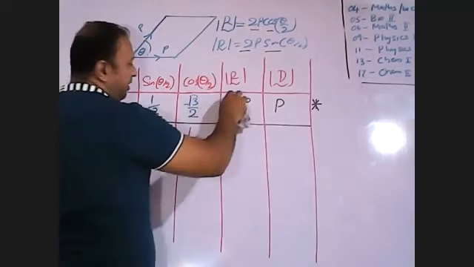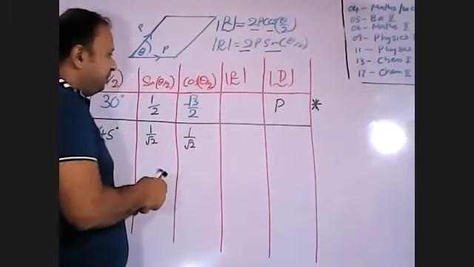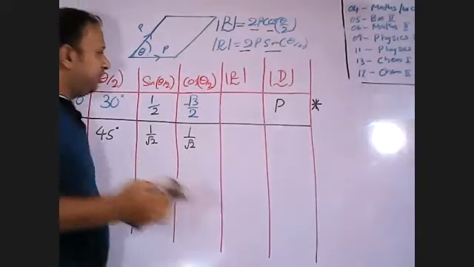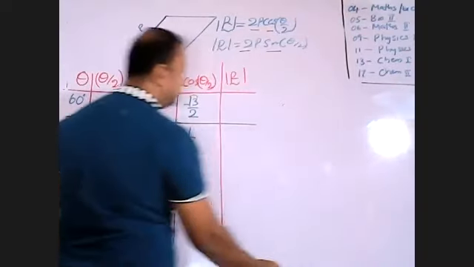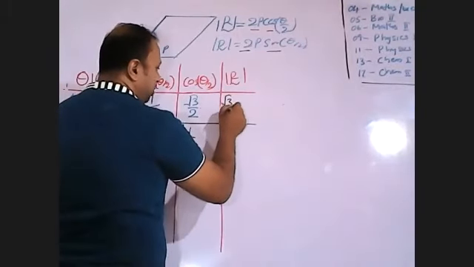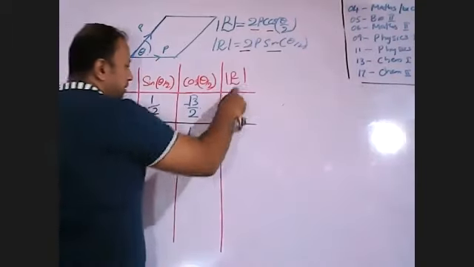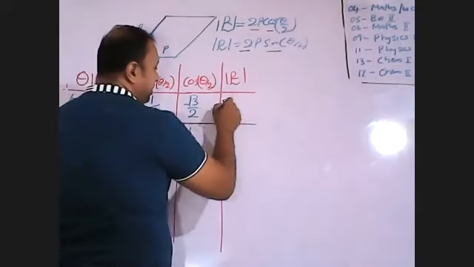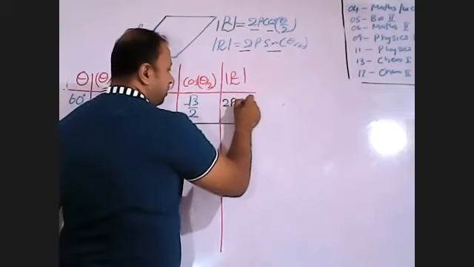If you have enough space, you can write that one. I don't have enough space. Okay, I will write that one also. R means root 3 over 2, that means cos 30, cos theta over 2. Sorry. It will be written as 2P times cos theta over 2.